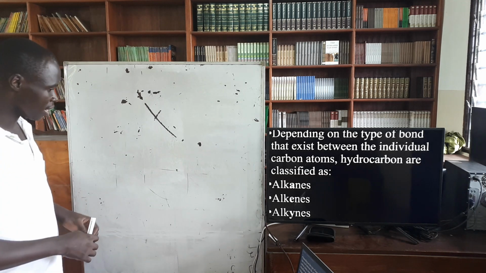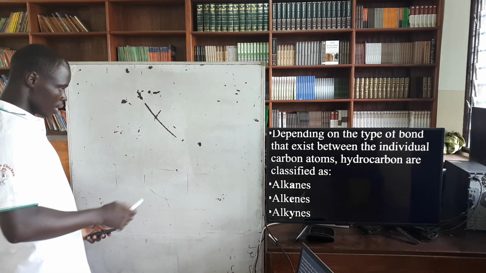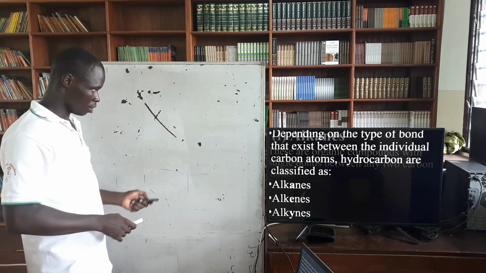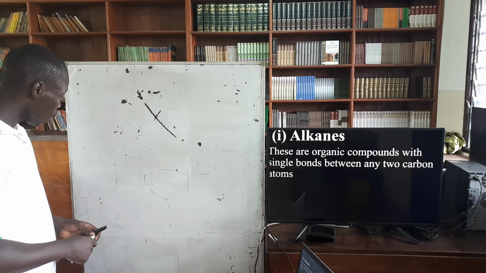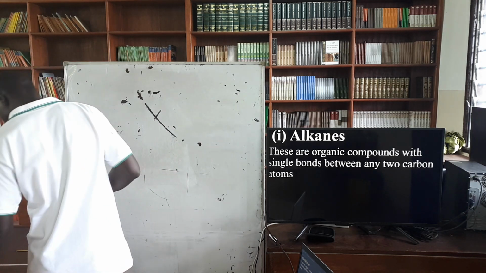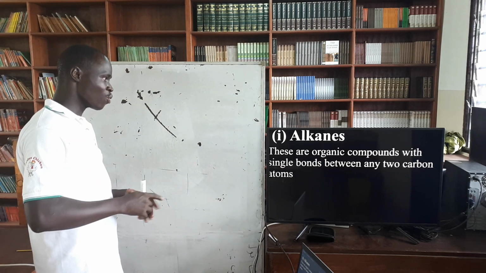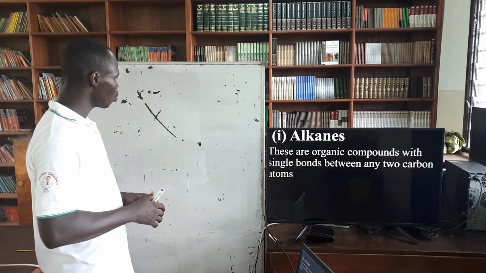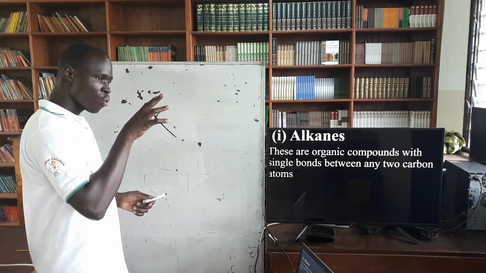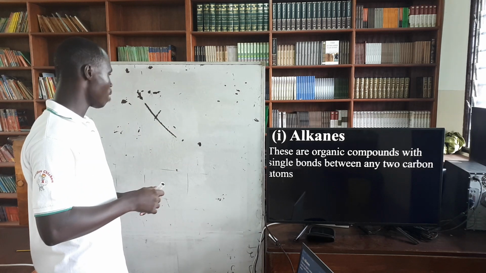So then we are going to also discuss their substituents. Now alkanes are hydrocarbons, the organic compounds with single bonds between any 2 carbon atoms.